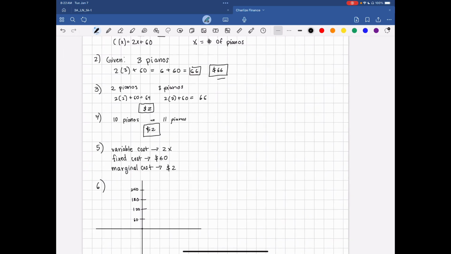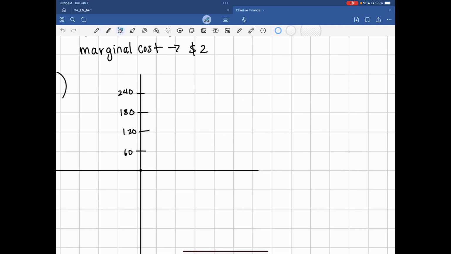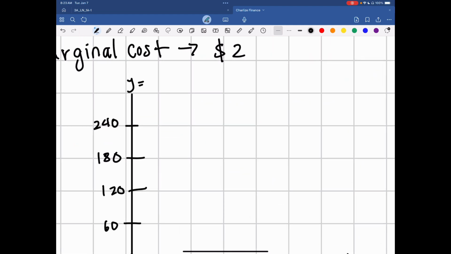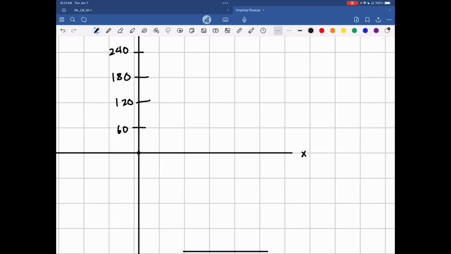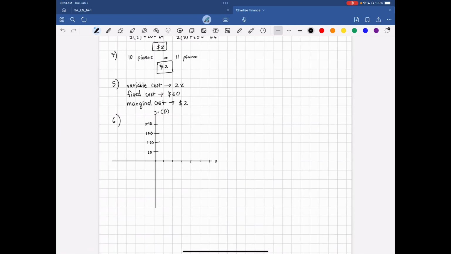And then this should be the x, and this is the y. This is just standard, but in this case, the y is C of x, and x is the number of pianos. So you do 1, 2, 3, 4, 5, 6.